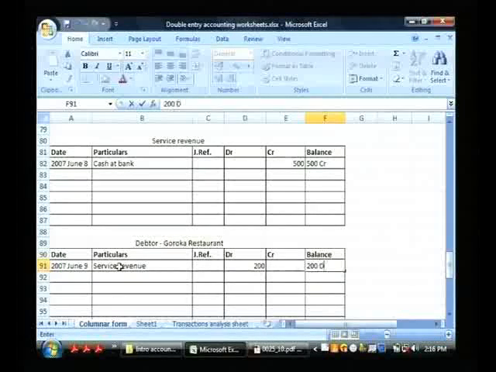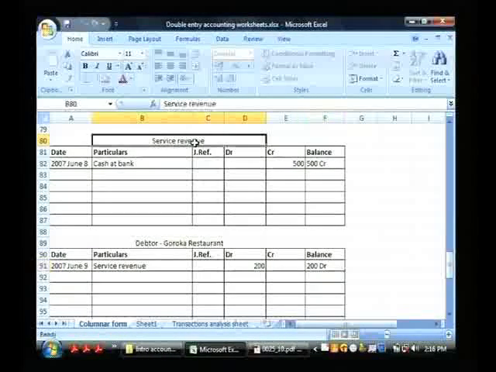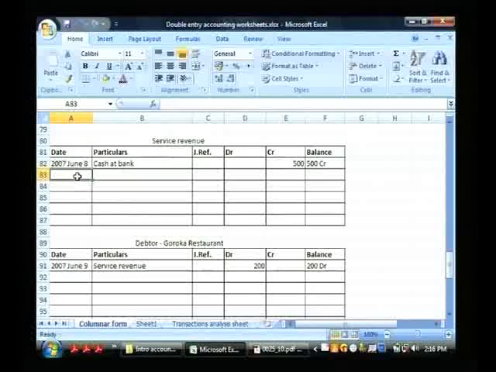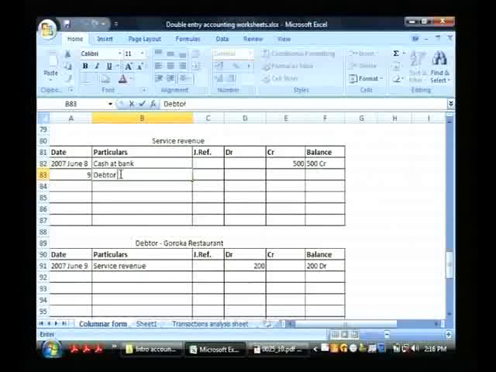balance also debit. Here we have the service revenue account, date 9th, and write the title of the corresponding account. Debtor Goroka Restaurant.